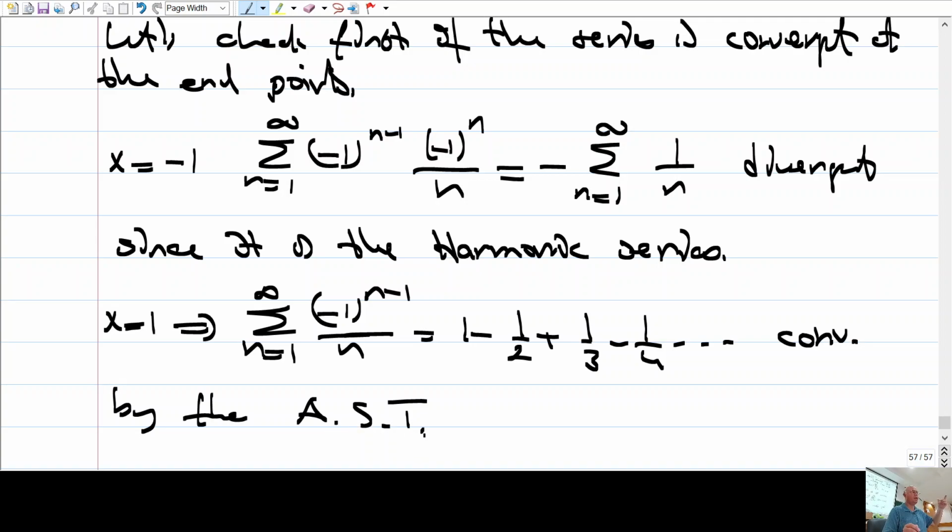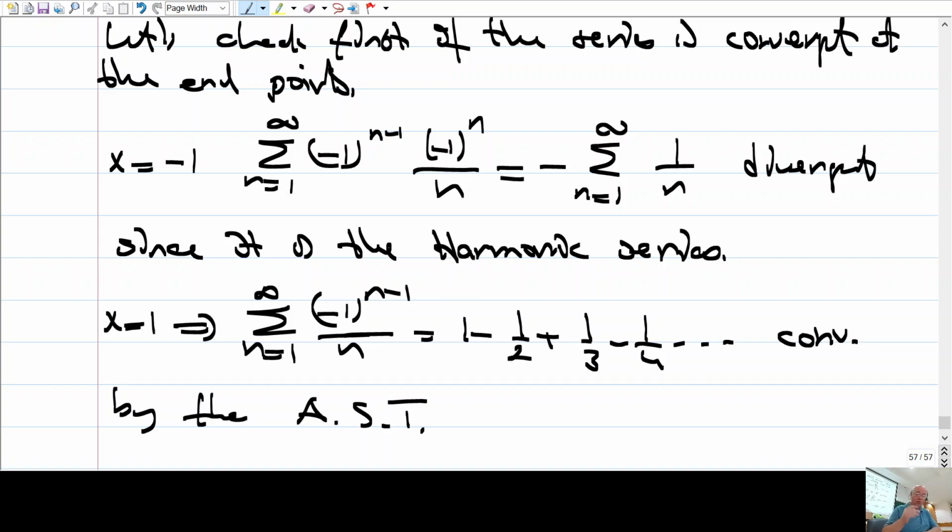What were they? The terms should be alternating. Well, it is 1 minus 1 over 2 plus 1 over 3, and so on. The magnitude should be decreasing with limit 0, right? It is decreasing with limit 0.